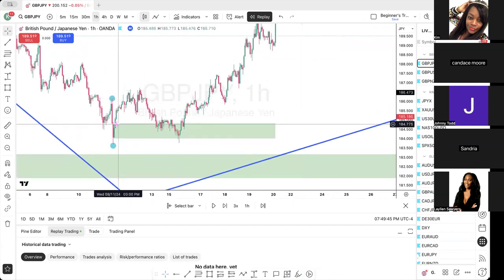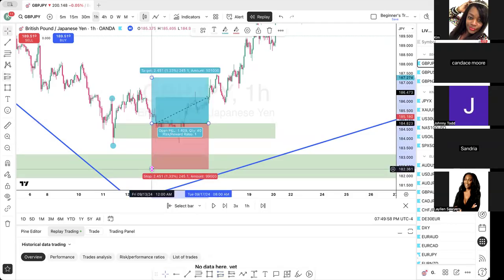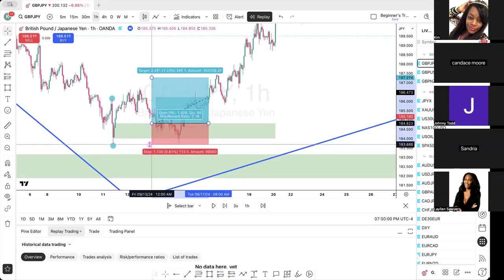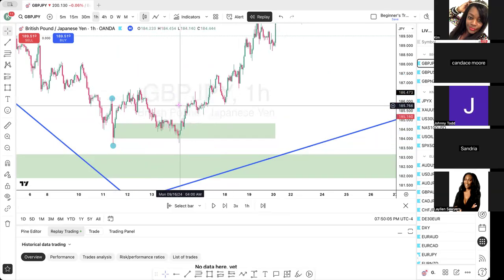Here is an example of if you're going to wait for price. So once you mark this up, one of two things. You can set a limit and you always have to put your stop loss below the swing low, right? You always have to put your stop loss below the swing low. Or you can wait for price to get to this zone. Once you wait for price to get to the zone, that's when you start looking at your structure.